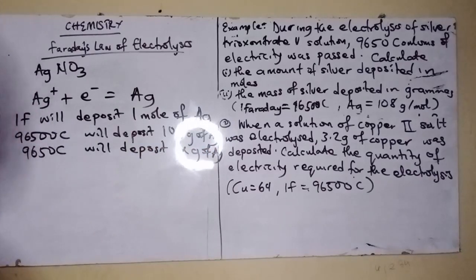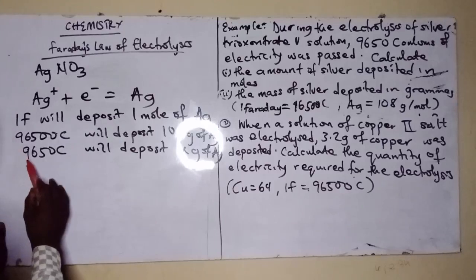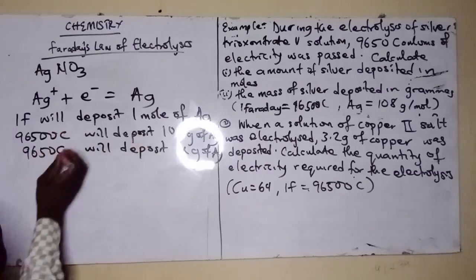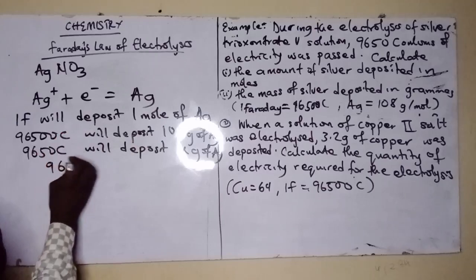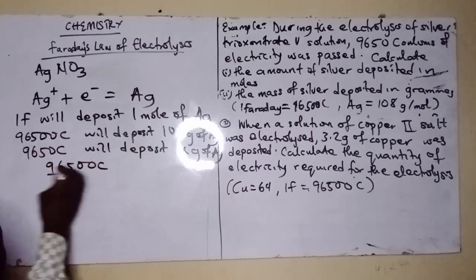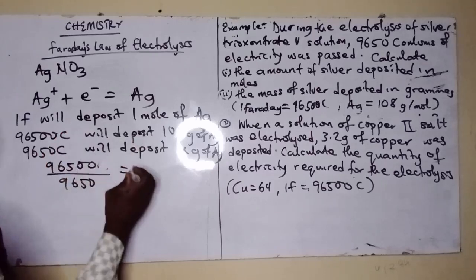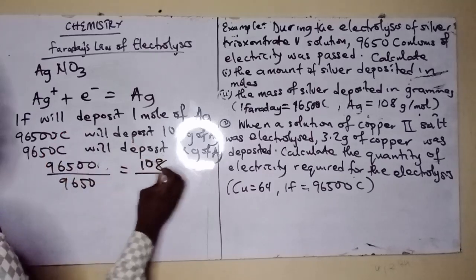It's very simple. All we need to do is cross multiply this. We give it in proportion: 96,500 coulomb over 9,650 equals 108 over x.